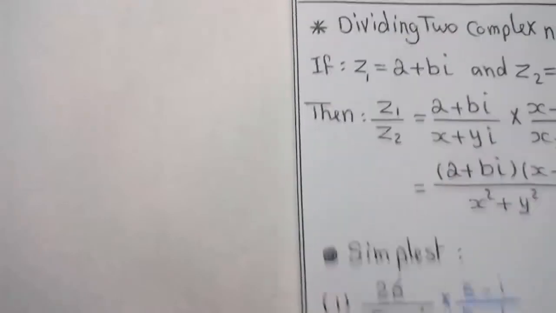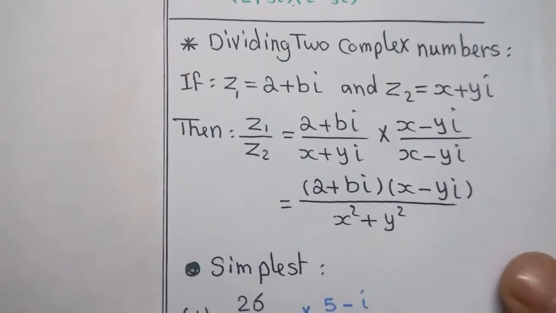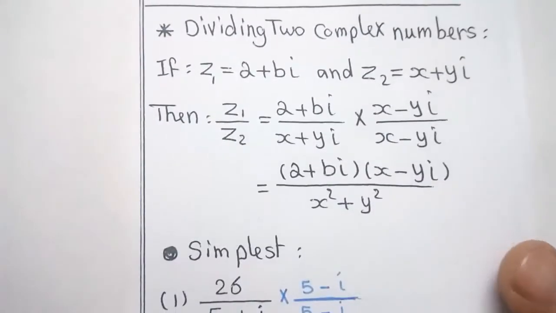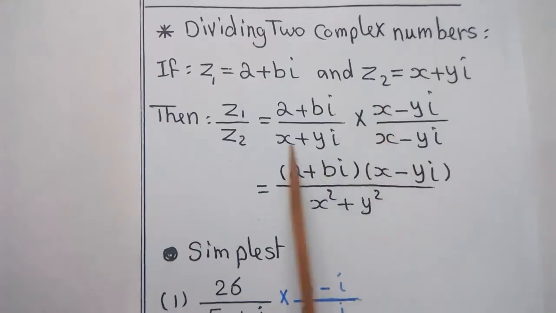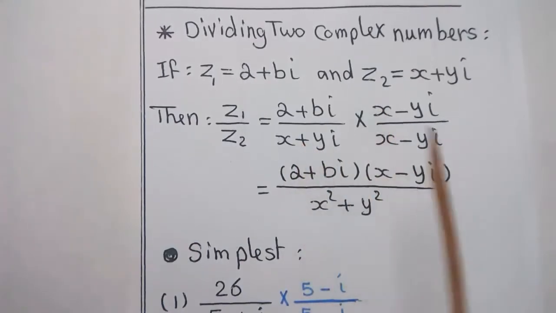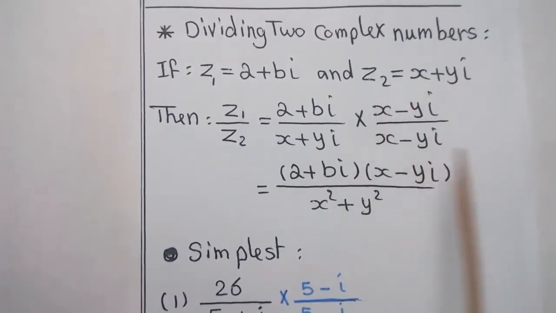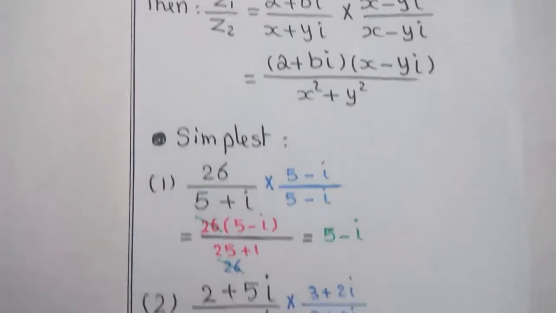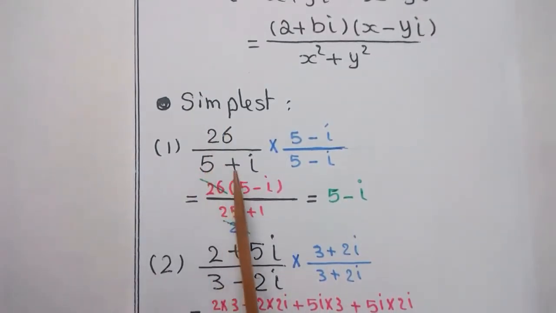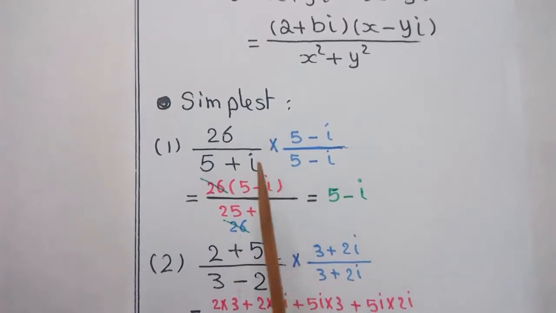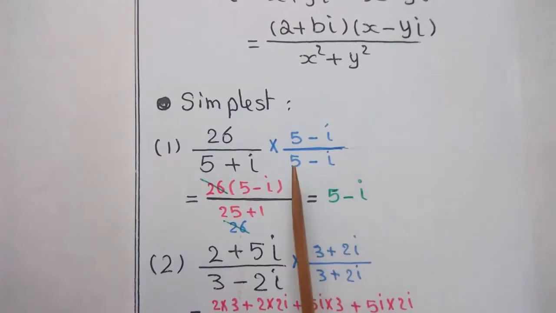Divide. When we divide two complex numbers, we must multiply by the conjugate of the denominator. For example, 26 over 5 plus i, here we multiply by the conjugate, 5 minus i over 5 minus i.